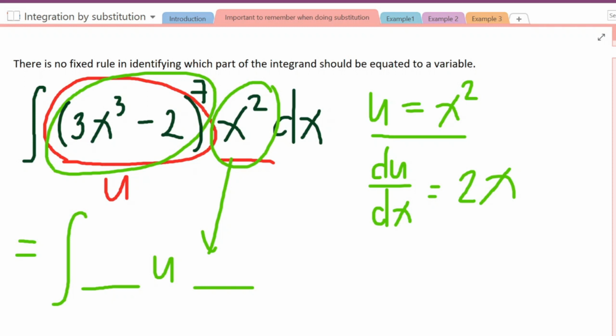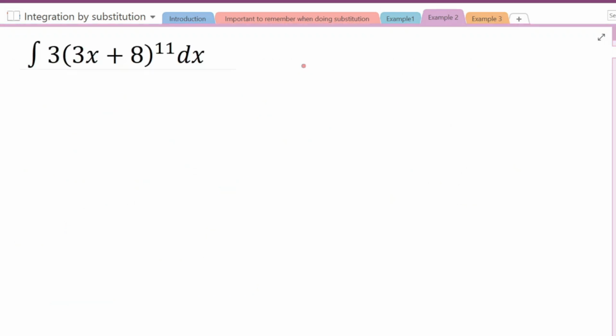So when we look at our integral and we are deciding which part of it should be the value of u, we need to think which would make integration possible and easier. Here is our next example. We have 3 times the quantity 3x plus 8 raised to 11. Again, we are applying substitution because expanding this one instead is a much more difficult job to do.